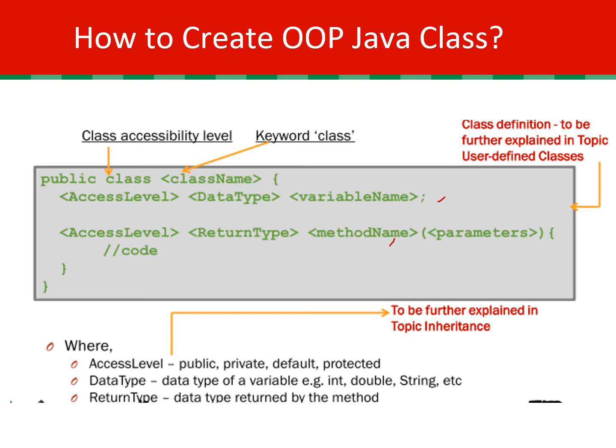The same goes for a method. Here you write the method name, and then you can specify the parameter it uses, and then the return type, whether this method returns any value or not. If it does not return anything, you write void. The access level is the same as before: public, private, protected, or default. As this is a method, it has curly braces, open and closing, and you write whatever code is related to this method.